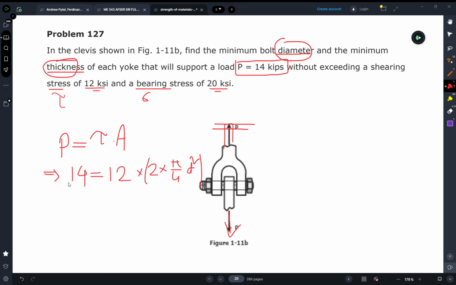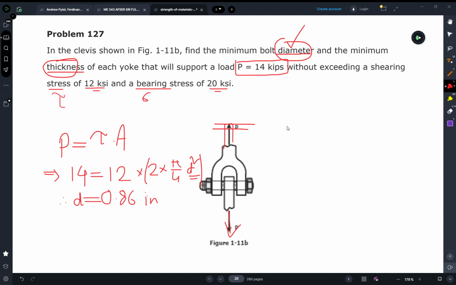Here we know all the values, we just have to determine d. If we calculate it, the value of d will be 0.86 inch.